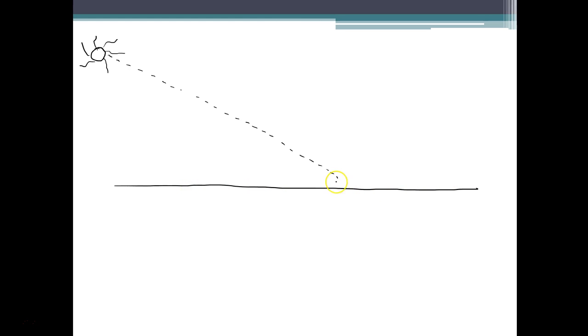Here's the sun. We talked about the sun's rays earlier. Well, we have the rays of the sun coming down like this, and that ray will keep going in that direction until something stops it. Something that stops it could be the Earth.